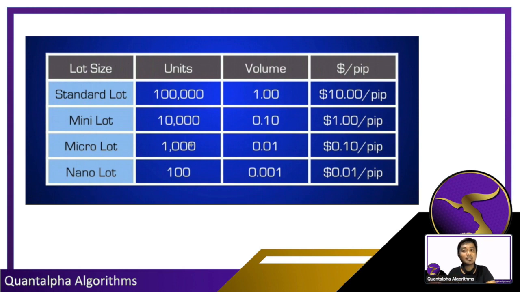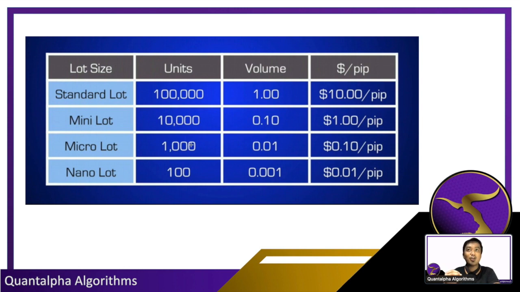So basically, a standard lot is equivalent to 100,000 units of the currency that you are trading. Per lot is 1.00 volume. And in every pip movement, just like in our example on the previous slide, the value of 1 pip movement is $10.